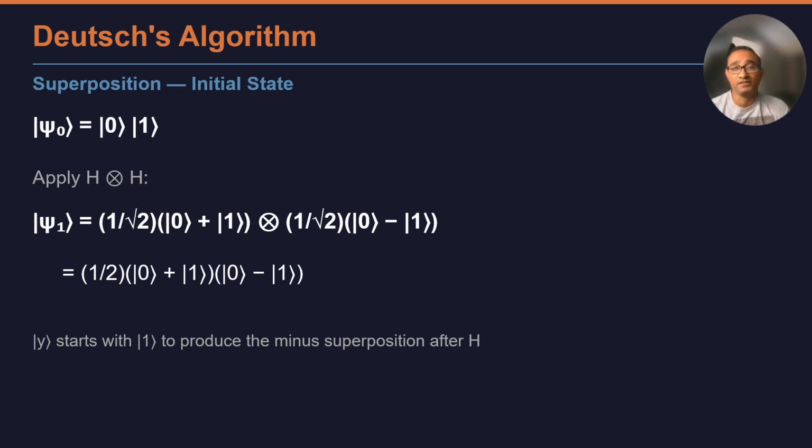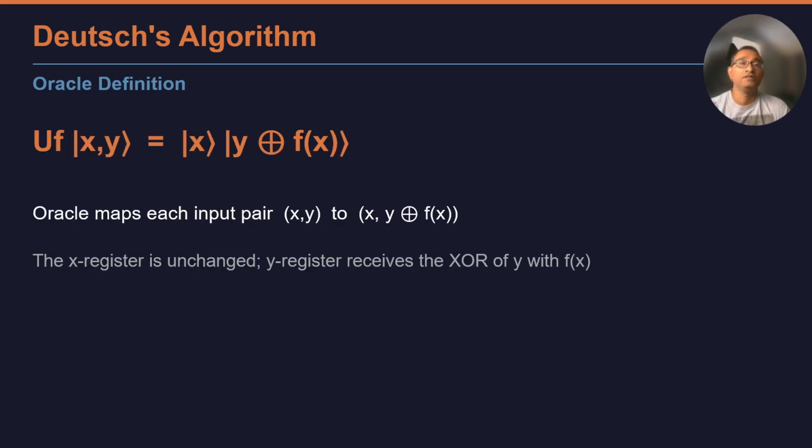As said, the y register was starting at 1, because applying Hadamard on 1 will give you the minus superposition. So it's a combination of the state 0 minus 1, where minus 1 represents a phase shift.